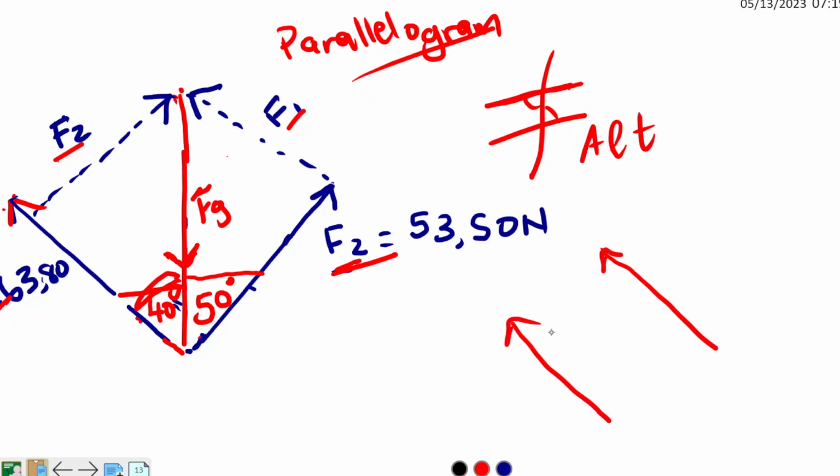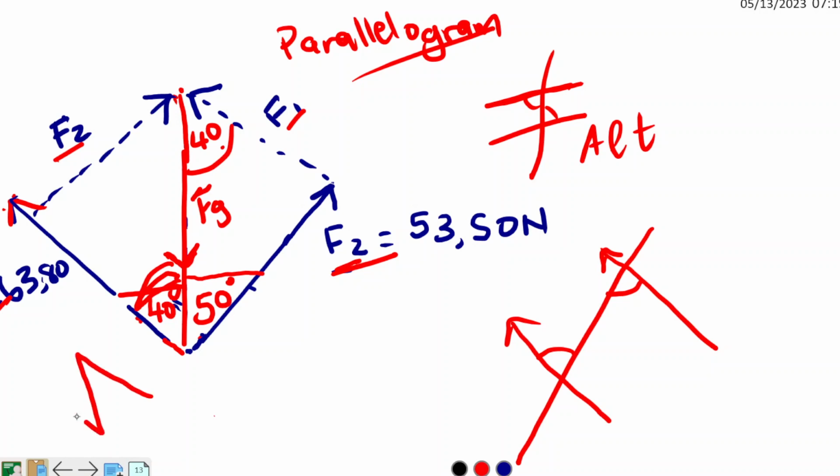So you have F1 parallel lines, and then you have this line now cutting in two. That means the angle that is inside here should be equal with the angle that is inside here. So this 40 degrees is equal here. So this angle and that angle are equal because it's like you have a Z that looks like this. So this angle and that angle are called alternate angles, and they are equal.